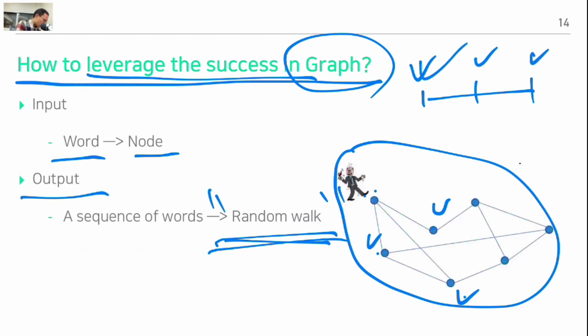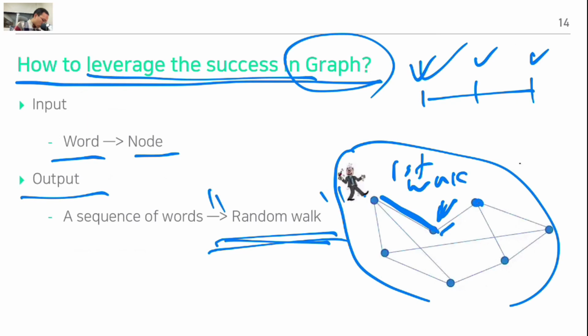Let's say we chose this. We have the first walk, and now we have just one choice, and we walk another.